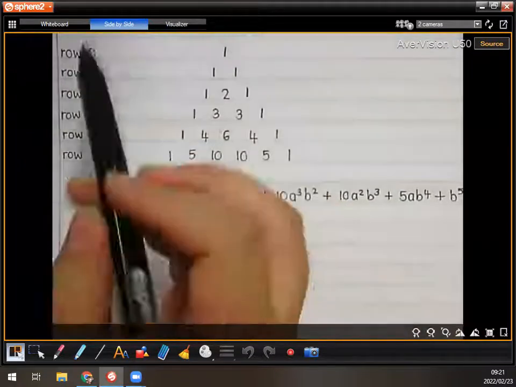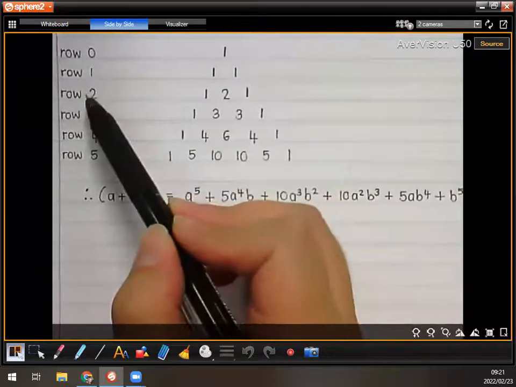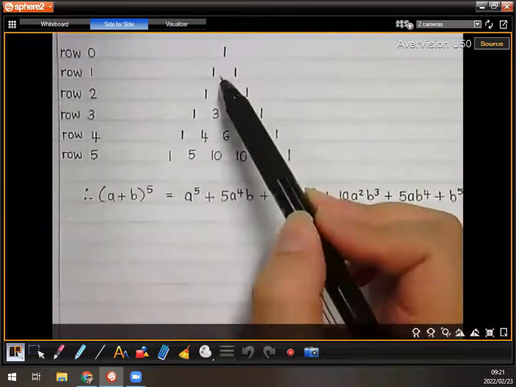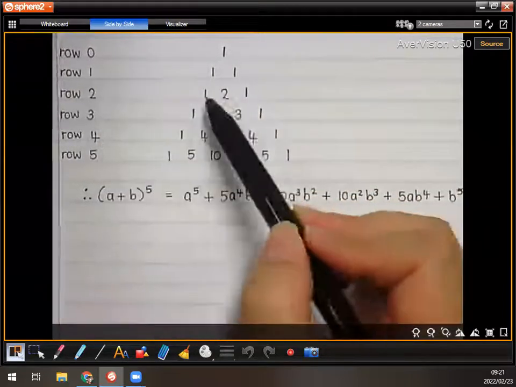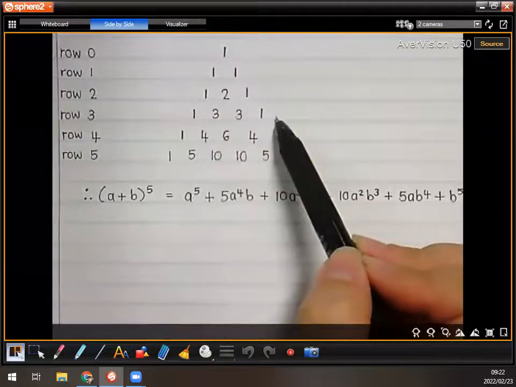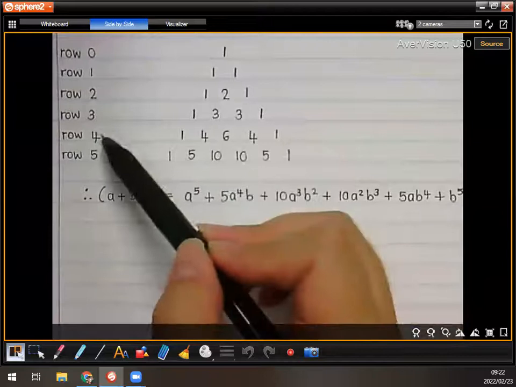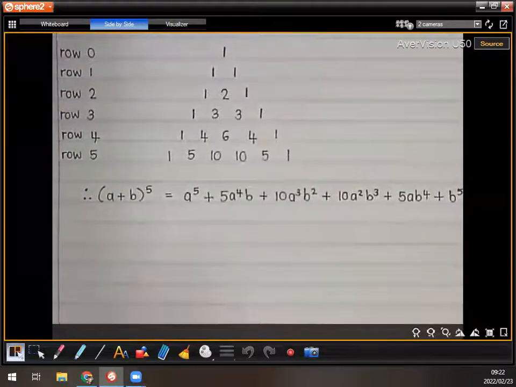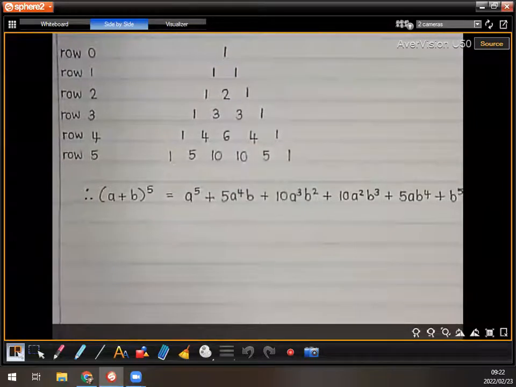Yes, that's true. So if you take 2 to the power of 0, that's 1. If you take 2 to the power of 1, that's 2, which is what we get when we add them together. 2 to the power of 2 is 4, which is what you get when you add these together. If you add these together, you get 8, which is 2 to the 3. If you add these together, you get 16, which is 2 to the 4. Right, so that's the pattern. If you add all of these, you get 32, which is 2 to the 5.